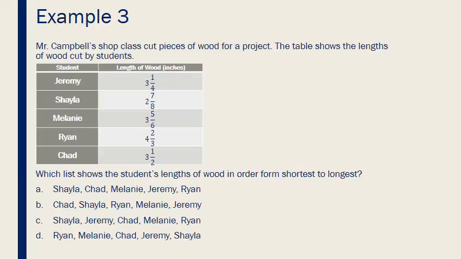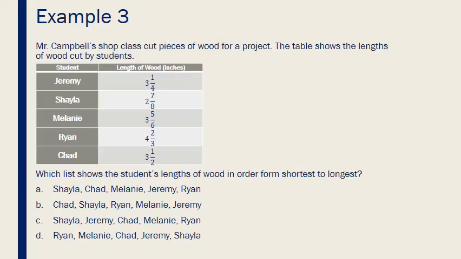Shayla did 2 7/8. Melanie did 3 5/6. Ryan did 4 2/3. Chad did 3 1/2. Now it says, which list shows the students' length of wood in order from shortest to longest? So shortest to longest, is that greatest to least or least to greatest? Very good, that's least to greatest.